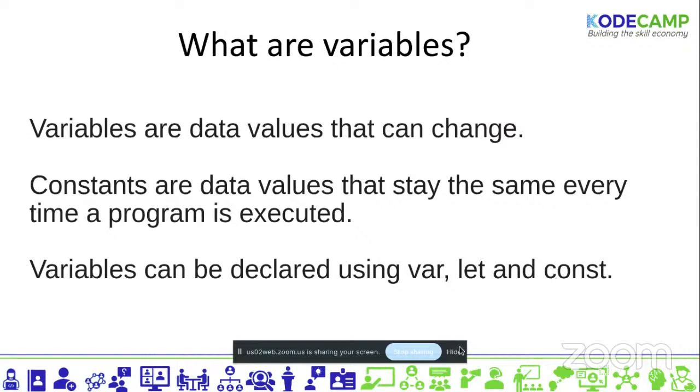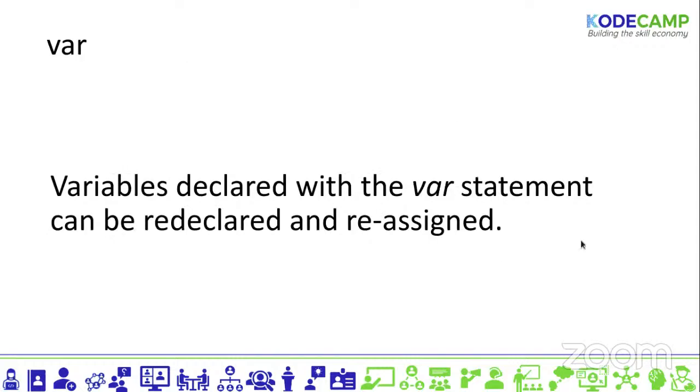This const is actually a special kind of variable that doesn't change once it is declared. So I said variables can be declared with the var statement, and variables declared with that statement can be redeclared and they can be reassigned.